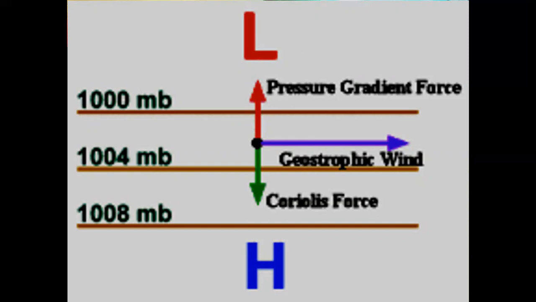When isobars are straight and when there is no friction, the pressure gradient force is balanced by the Coriolis force and the resultant wind blows parallel to the isobar, that is, deflection of the wind is maximum. And this wind is known as the geostrophic wind.